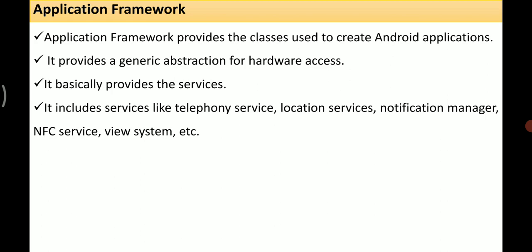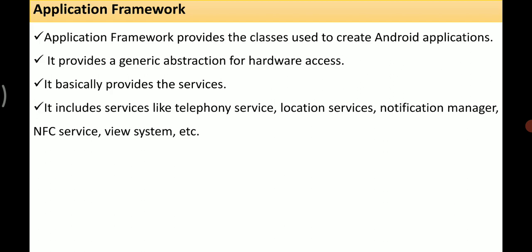The application framework includes some key services. We have the activity manager, which is mainly used to control all the aspects of your application life cycle and the activity stack.